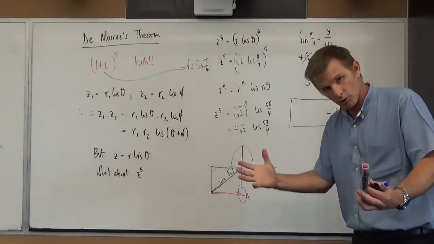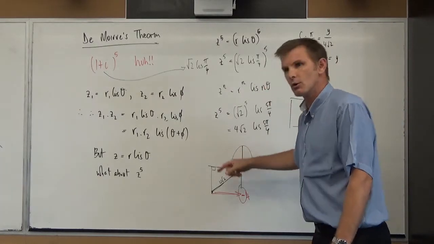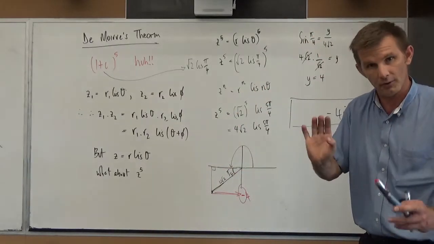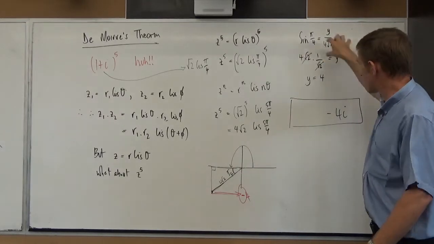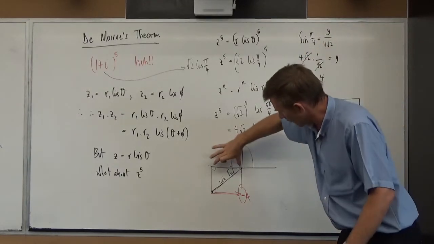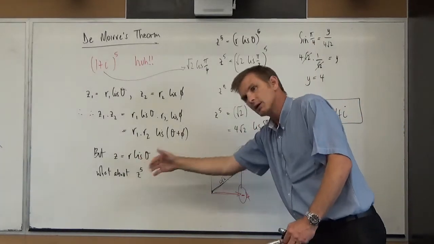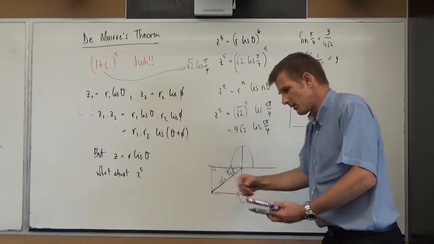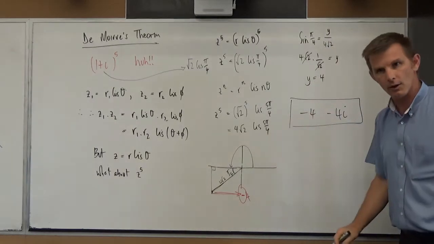In a similar sort of way, cos is adjacent over hypotenuse. Well, the cos and sine of pi over 4 are the same, 1 over square root of 2. So this is going to work out exactly the same for my x dimension. And again, it's on this side, so it has to be negative. So my real part is going to be negative 4 as well.